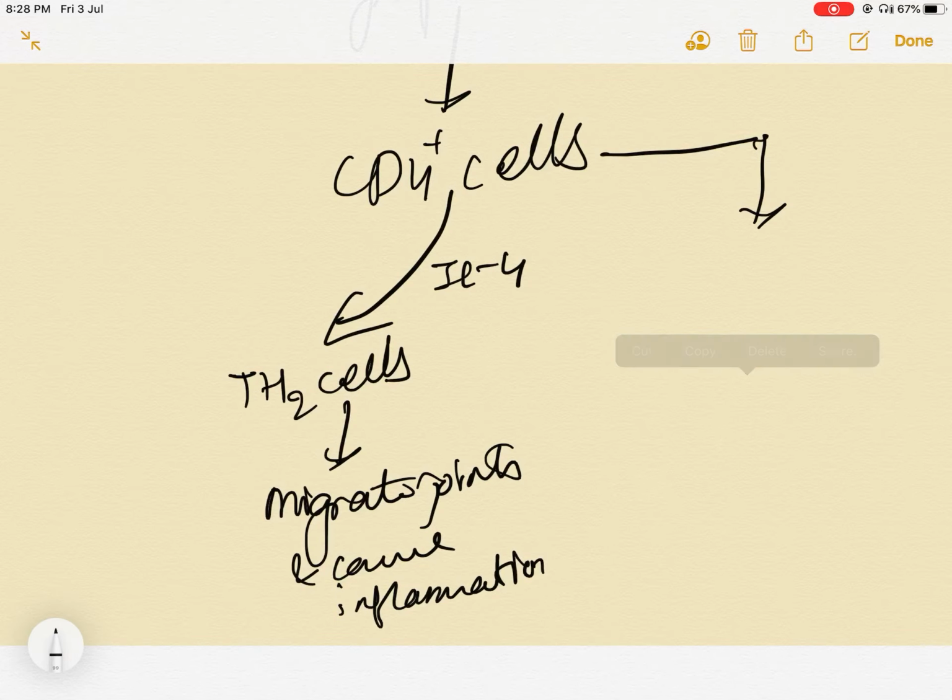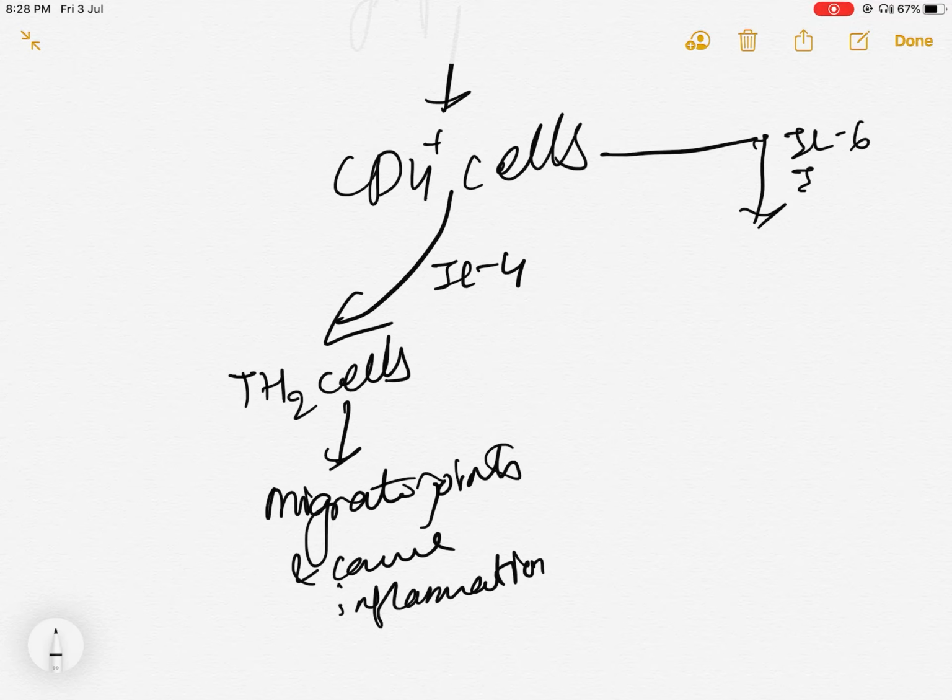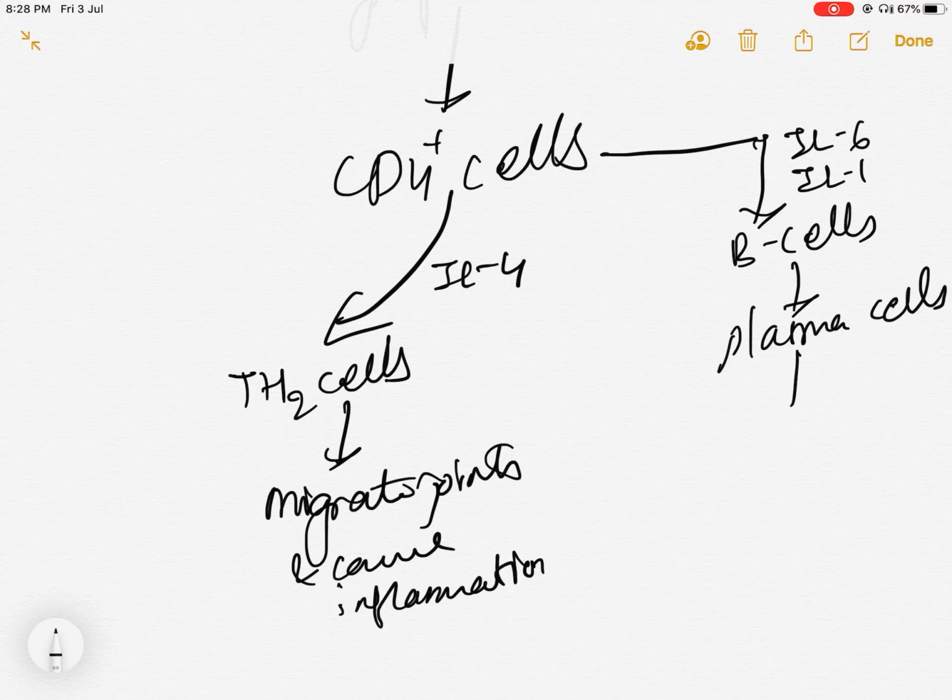Now, CD4 cells also, through interleukin 6 and interleukin 1, activate B cells. B cells form plasma cells, which produce antibodies. Now there are two types of antibodies which are produced.